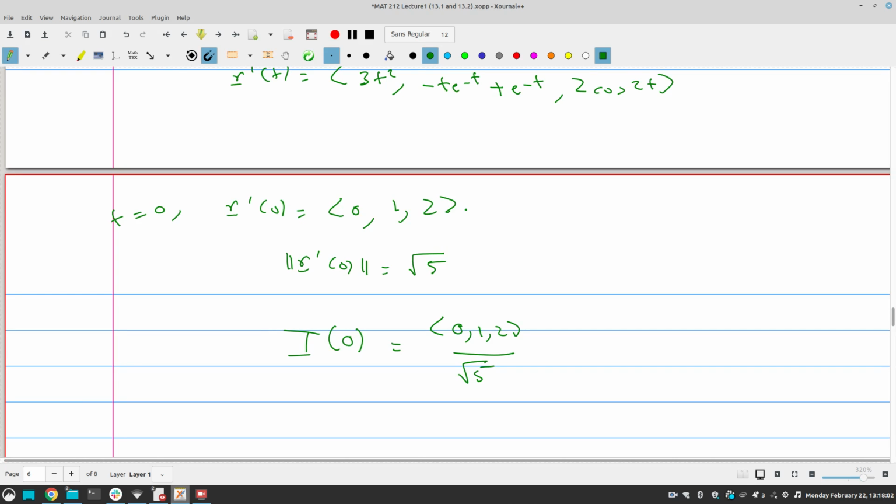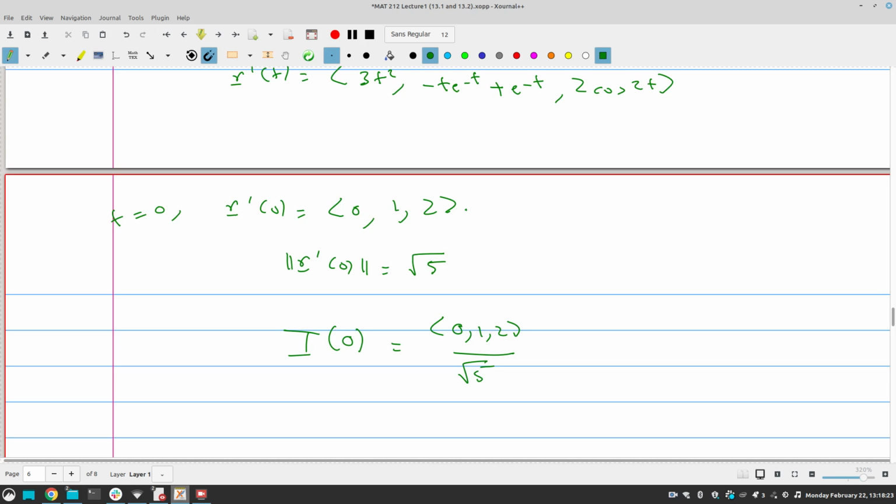So what I expect you to do is look through examples 2 and 3 on pages 899 and 900. Now we're familiar with dot and cross products, and differentiation.